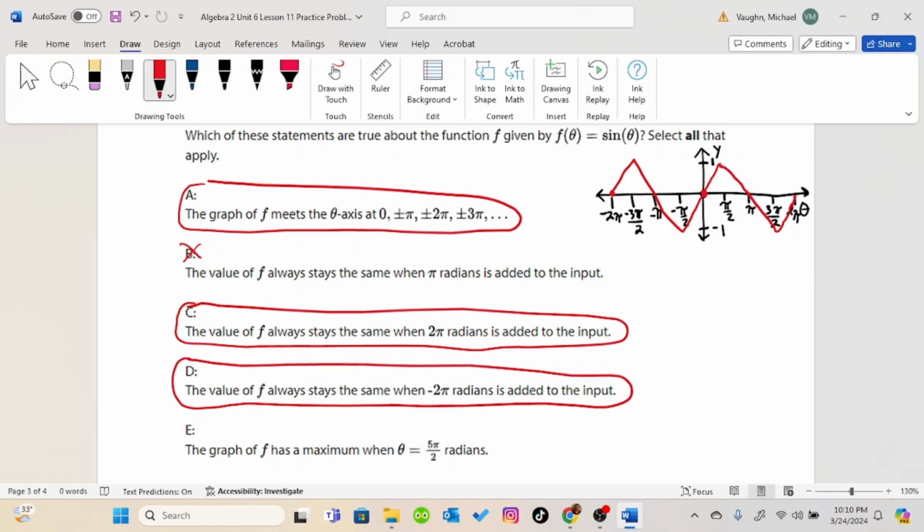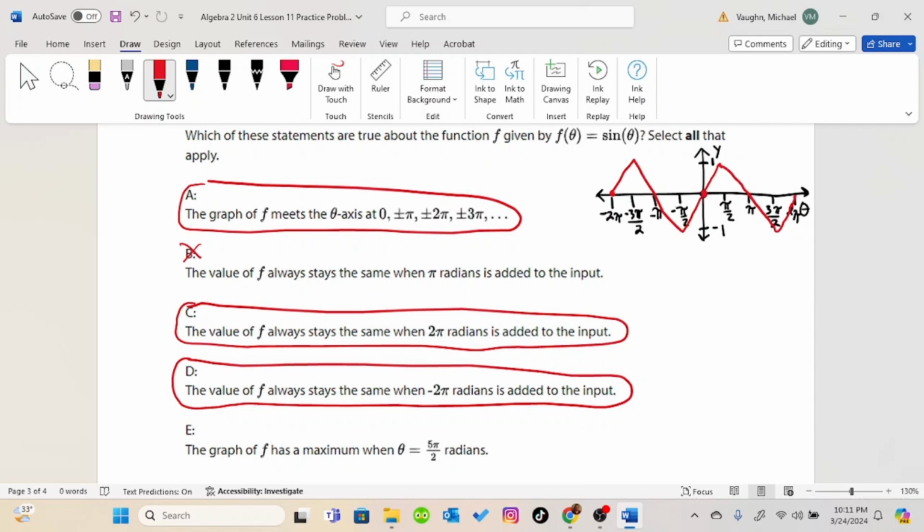And choice E, the graph of f has a maximum when theta equals 5 pi over 2. Well, if we go by this graph, we are at the maximum, which is 1, at negative 3 pi over 2, and at pi over 2. Well, if we added another 2 pi, that would put us at 5 pi over 2.